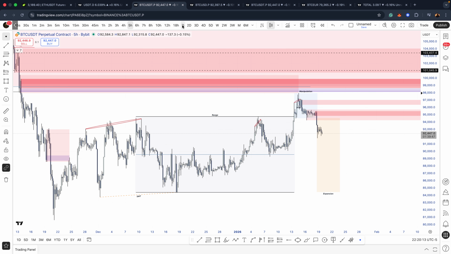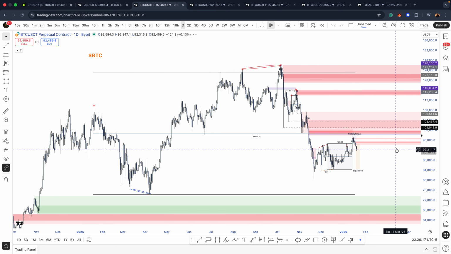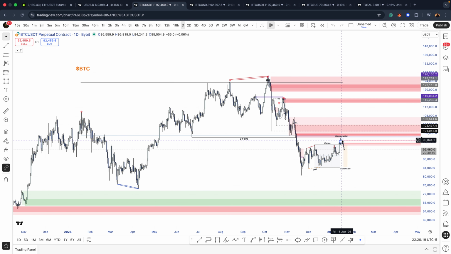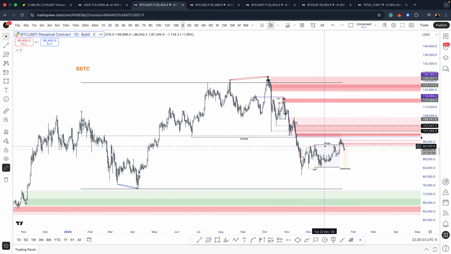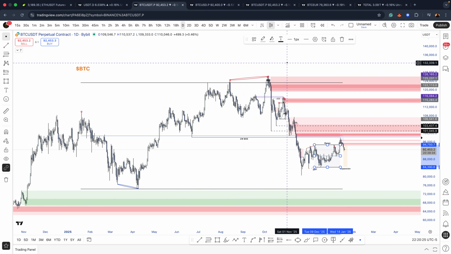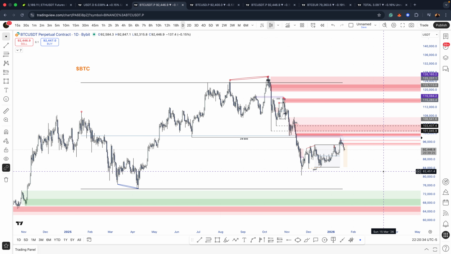So I'm going to back out and show you my macro Bitcoin chart here. We're going to get rid of just the names so it becomes a little cleaner, but understand that this is the range, manipulation, and expansion. These are power of 3 schematics, PO3 schematics.